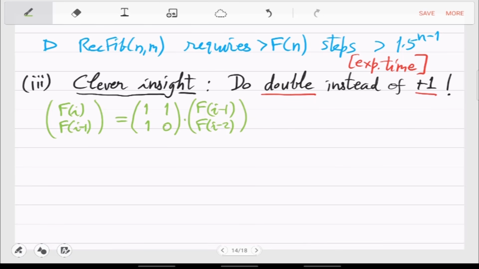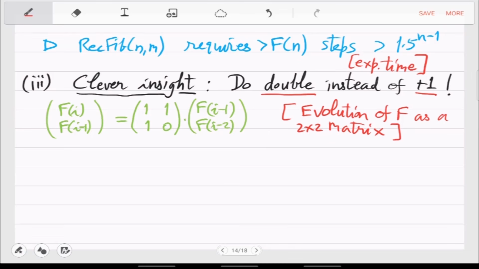Okay, so this is the evolution of 2 entries in the sequence instead of 1 entry. So that's the matrix representation of the recurrence. It's completely equivalent. So evolution of F as a matrix, and in this case a 2 by 2 matrix.